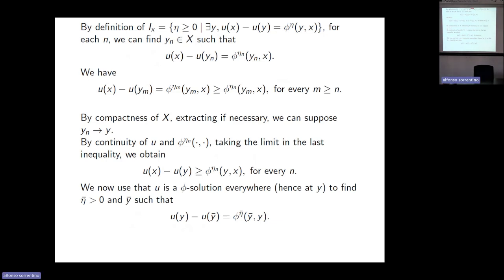But now, I'm not saying that u is just a solution at x, because I couldn't prove what I say. But I am assuming that u is a solution everywhere. So it's a solution at y, at the y that I found here. Which means that I can find eta bar positive and y bar such that u of y minus u of y bar is equal to phi eta bar y bar y, because it's a solution there.